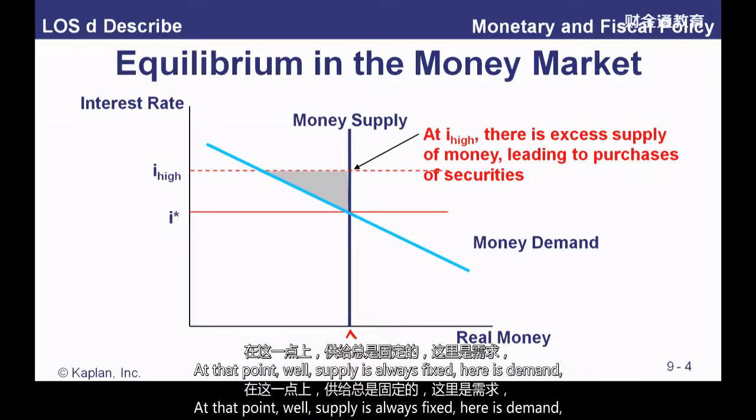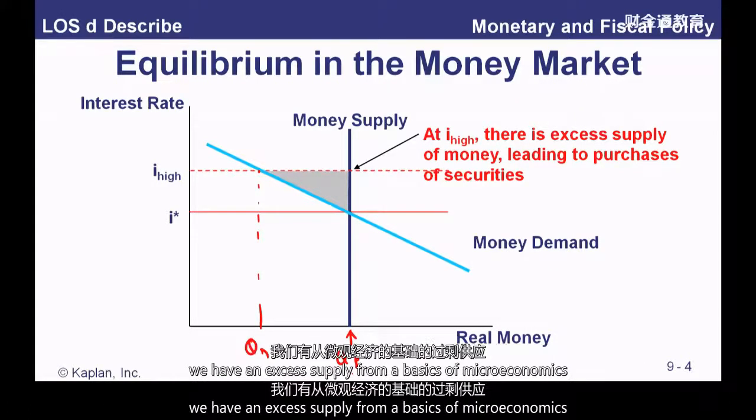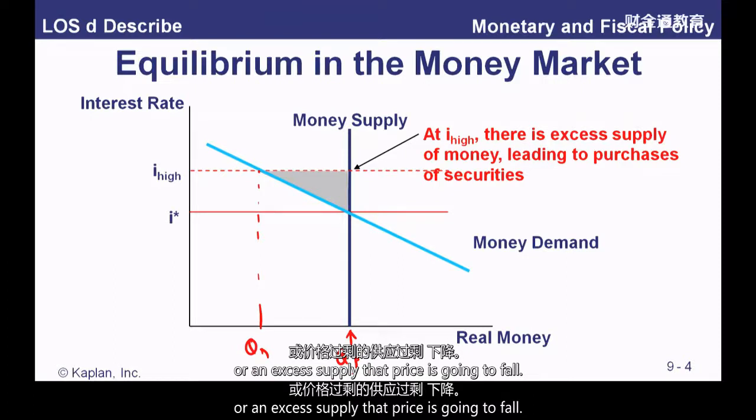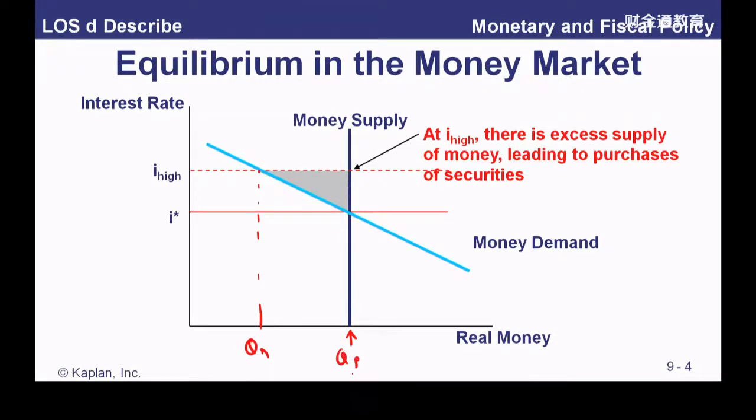At that point, well, the supply is always fixed. Here's demand, reading off from the demand curve, quantity of money demanded. Here's the supply. We have an excess supply. From our basics of microeconomics, with an excess supply, the price is going to fall. In this case, the interest rate will fall.